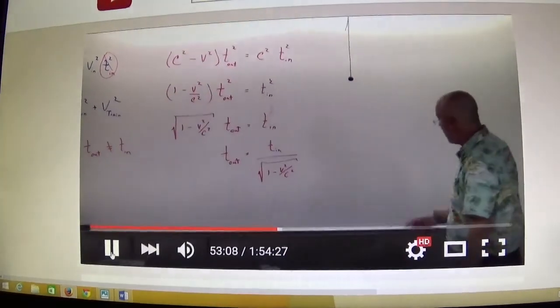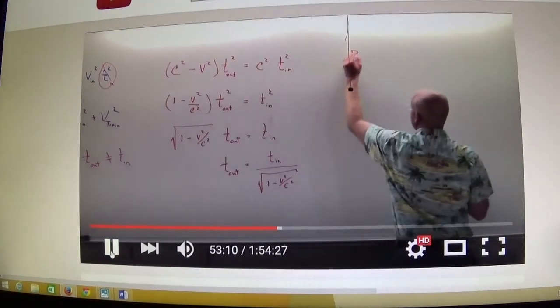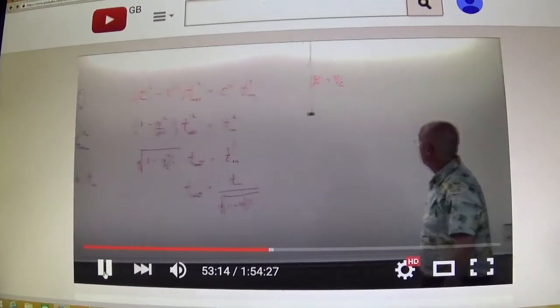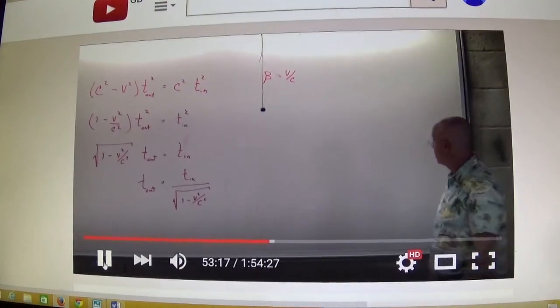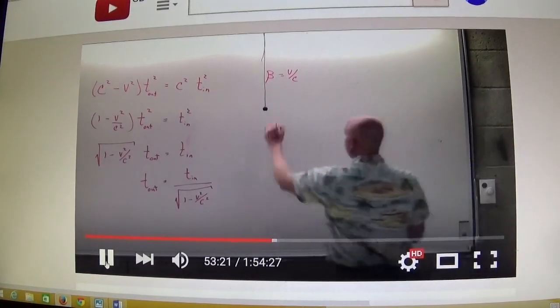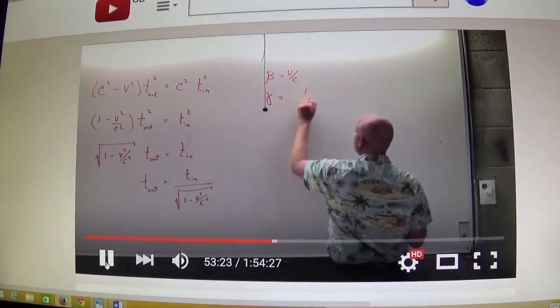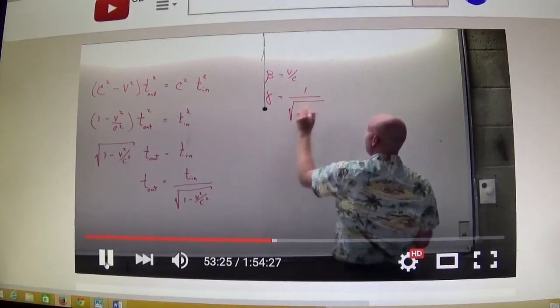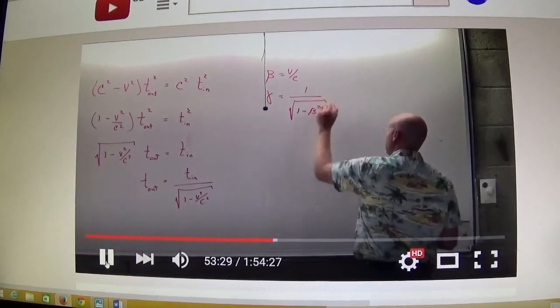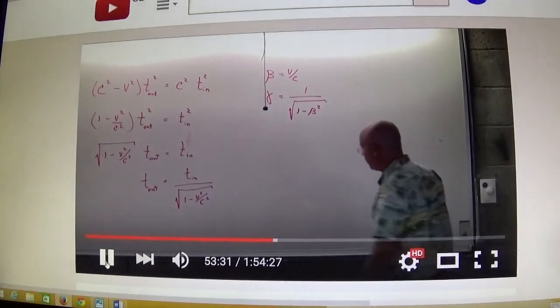But it is standard practice to refer to this ratio of v compared to the speed of light as beta. It is also common practice to refer to 1 over the square root of 1 minus beta squared as gamma.